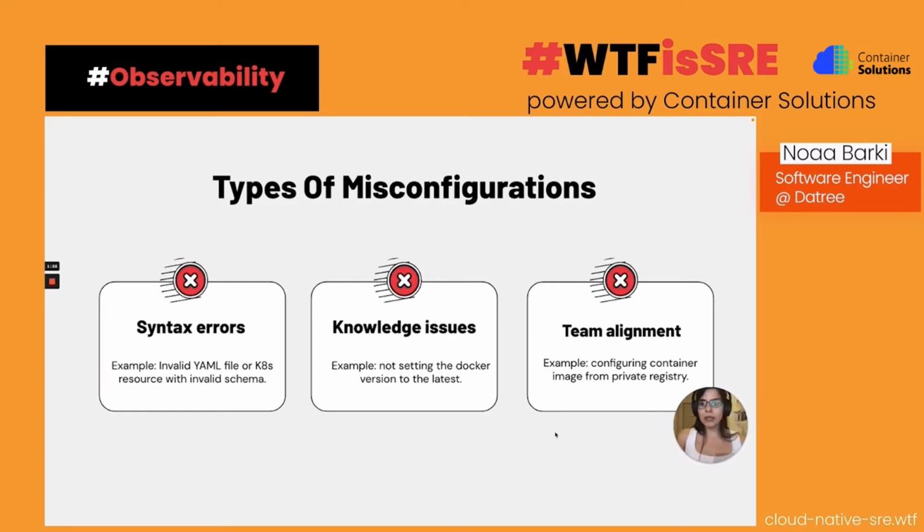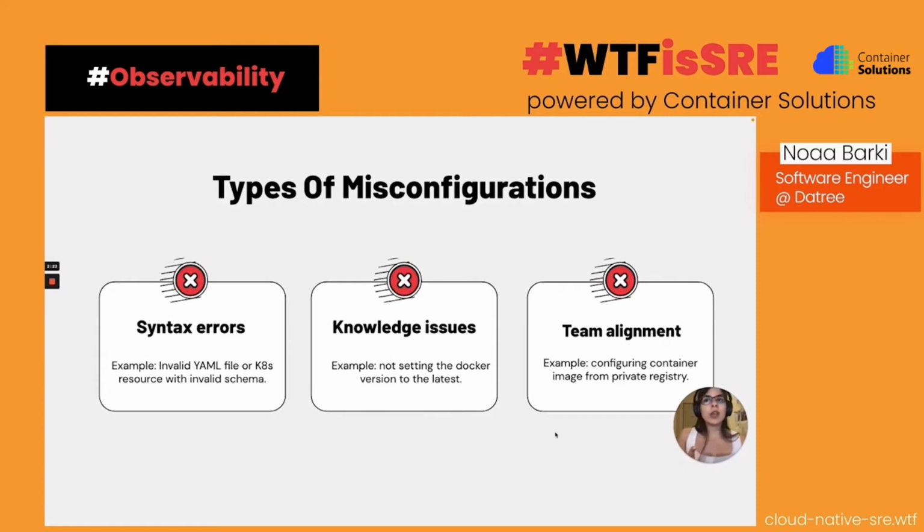It can be using a specific private registry for your Docker images. It can be using a specific resource limit for your containers. It can be a lot of best practices that are pretty much defined by the requirements of your workloads in your organization. But these are basically the types of misconfigurations that we want to prevent.